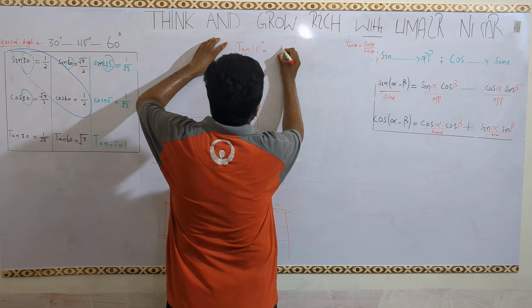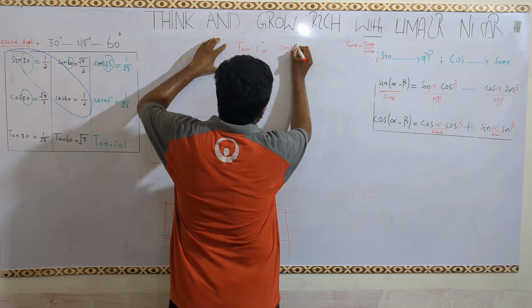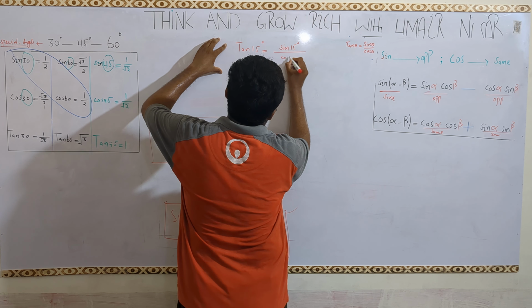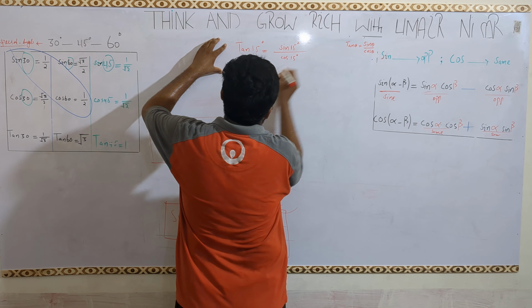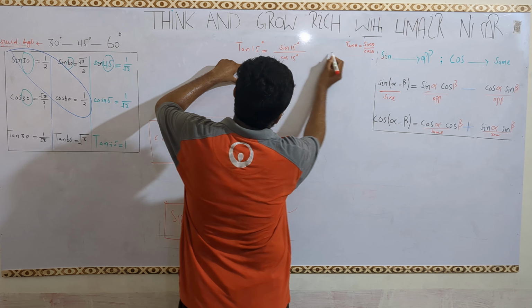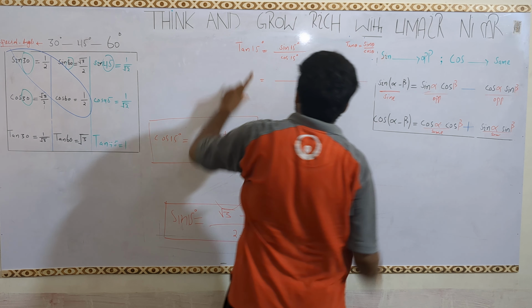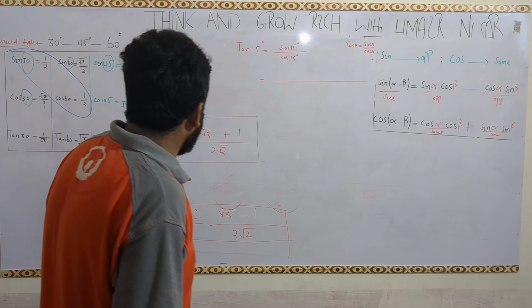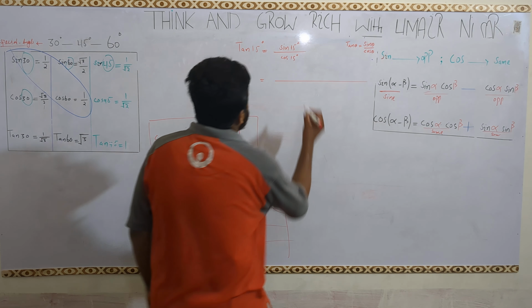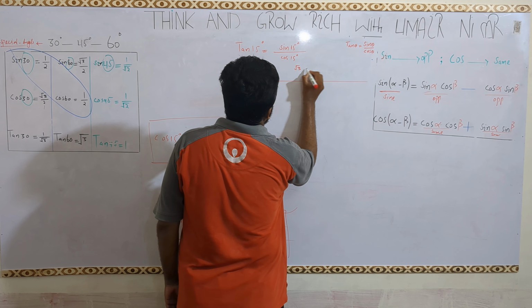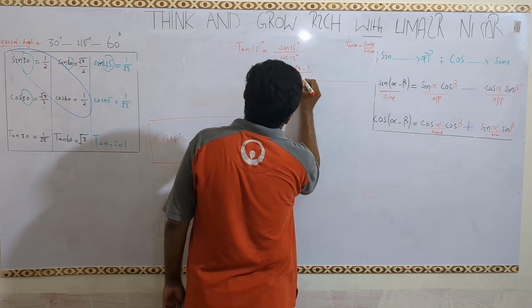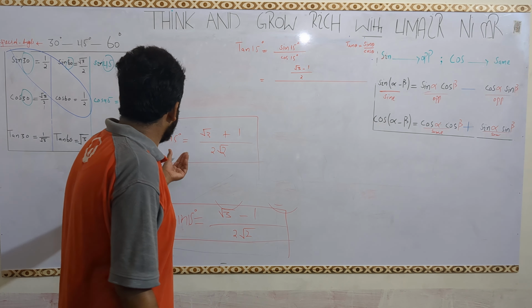So tan 15 is equal to sin 15 over cos 15, which is a main fraction. So what is the value of sin 15? Put that here. What is the value of cos 15? That also.